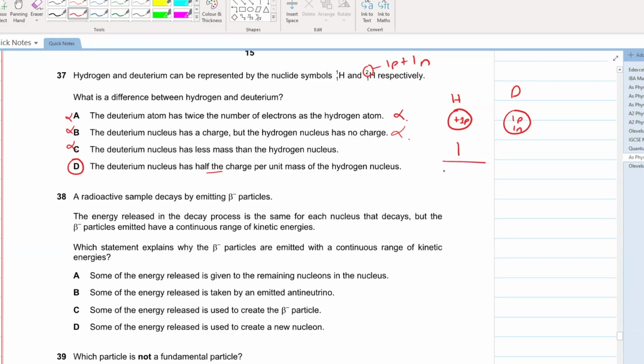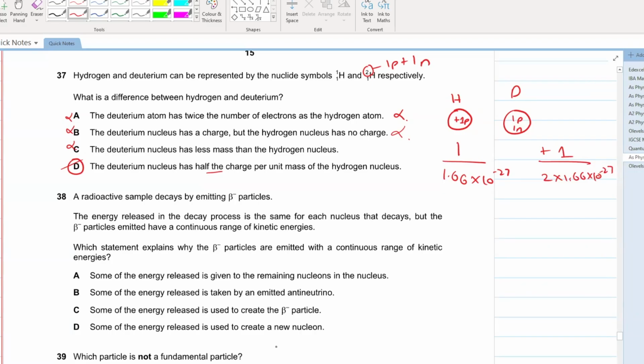Charge is 1, divided by 1.66 times 10 to the power of minus 27, the mass of proton. And in deuterium, the charge is plus 1, divided by 2 times 1.66 times 10 to the power of minus 27. The mass of proton and neutron are the same, so I multiplied it by 2. So D is your answer. Simple.